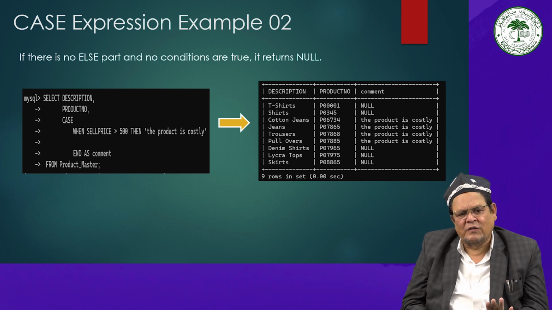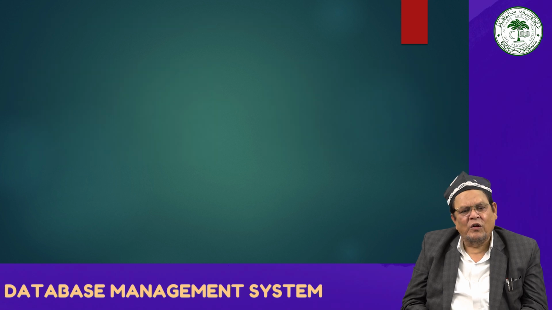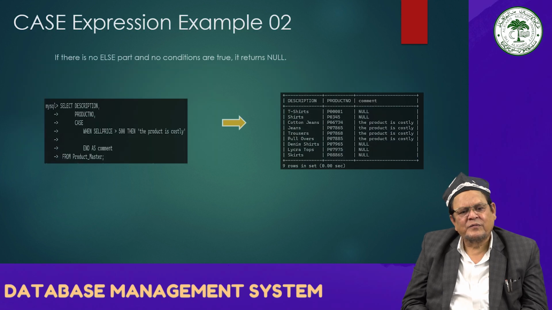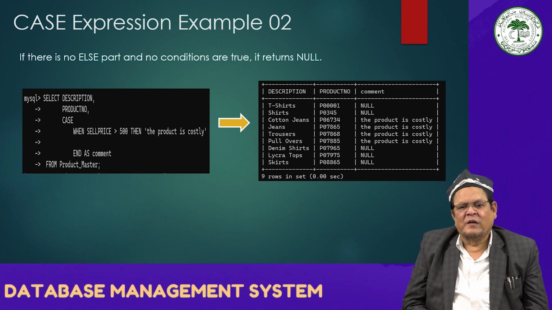Here you have not given an ELSE statement. In the previous one I gave the comment ELSE the product is budget, but if you do not, by default it will show null.